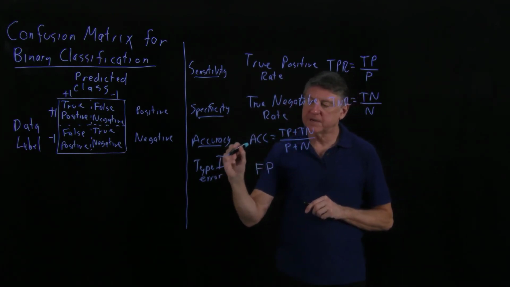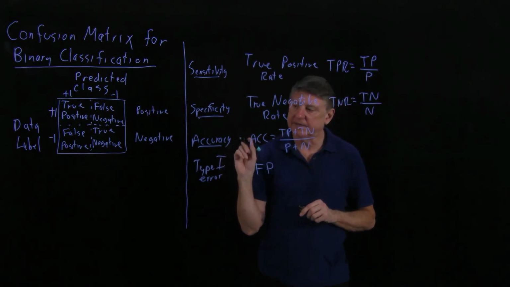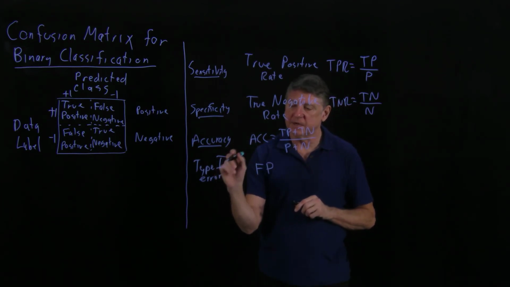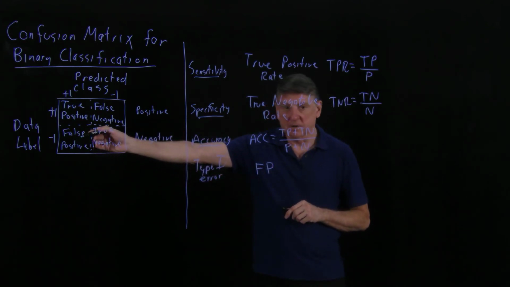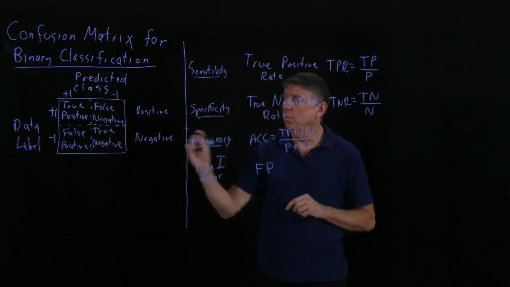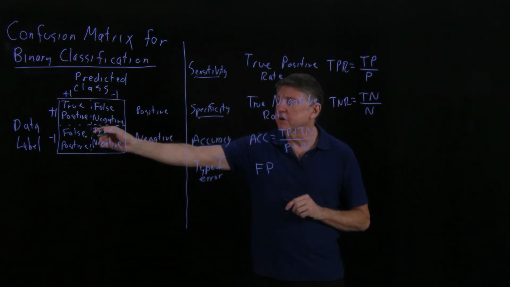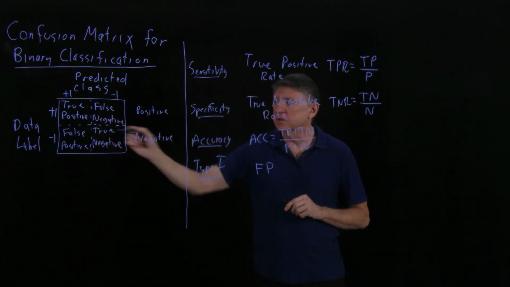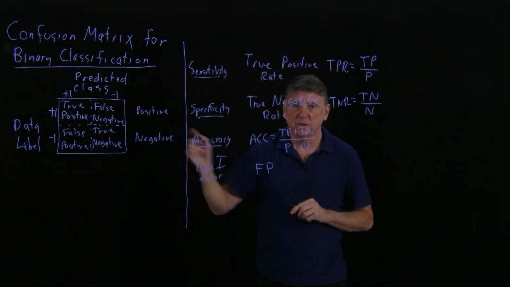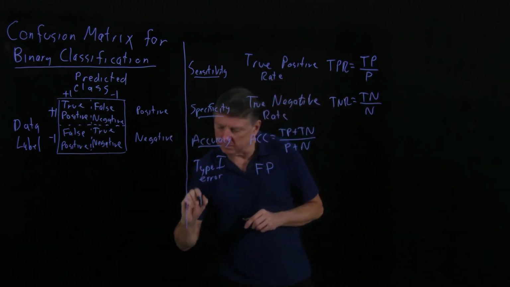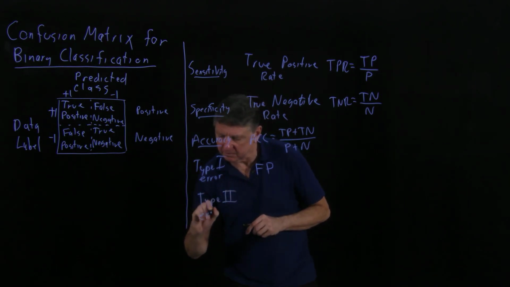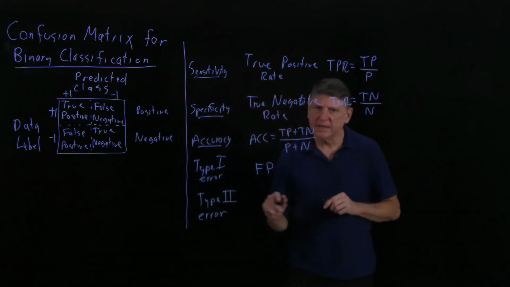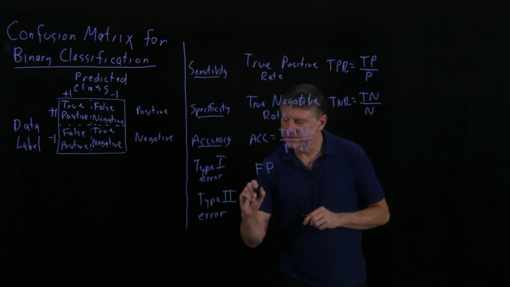So the number of type 1 errors that a classification algorithm commits are the number of false positives, which are this box. And if you wanted to, you could look at the false positive rate, which would be this box divided by the sum of the rows. And then a type 2 error is the number of false negatives.